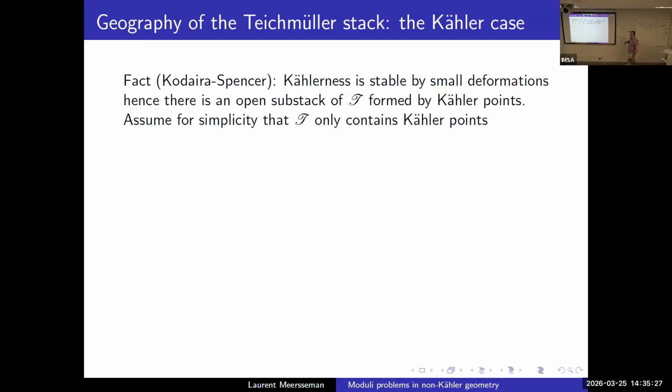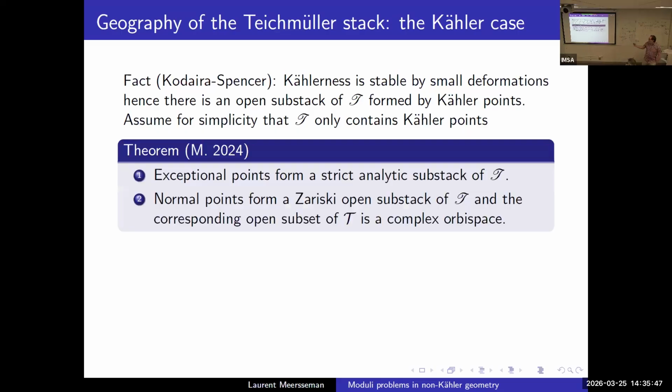When I talk about the Kähler case, I mean you have some Kähler structure, and then you have an open subset of the topological Teichmüller space, or an open substack of the Teichmüller stack, formed by Kähler structures. And for simplicity, let's assume that we are in a situation where you have only Kähler. If you do that, then you can prove that exceptional points form a strict analytic substack of it.